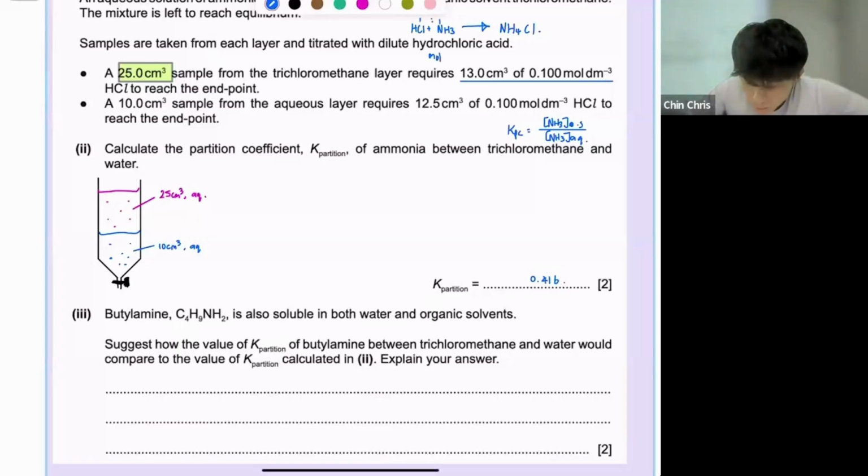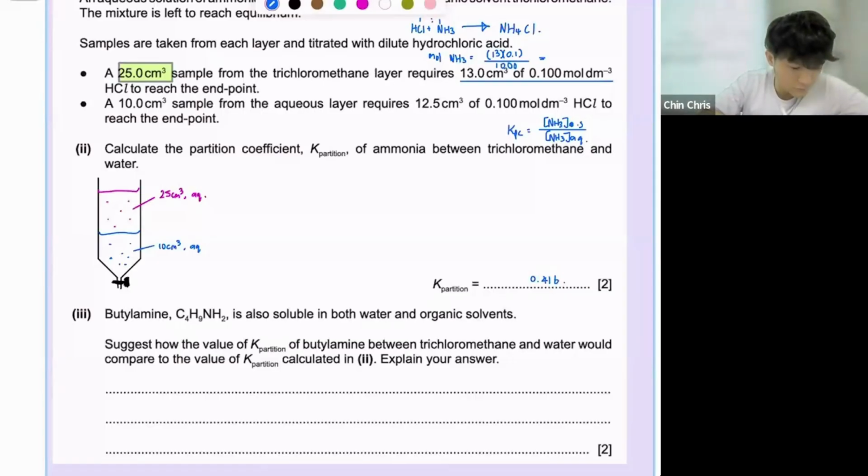So the mole of NH3 is just 13 times 0.1 divided by 1,000. Clear? That is 1.3 times 10 to the power of -3. So I know that my NH3 here is 1.3 times 10 to the power of -3 mole.